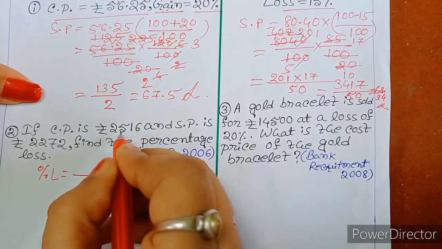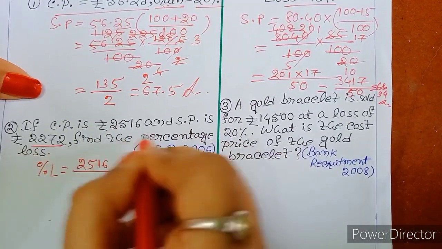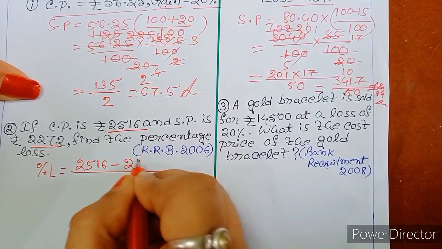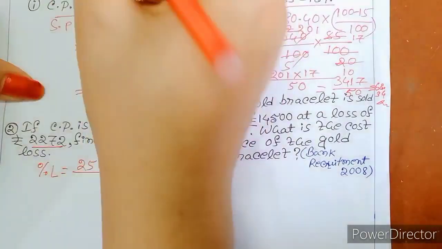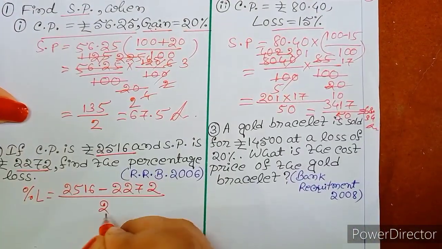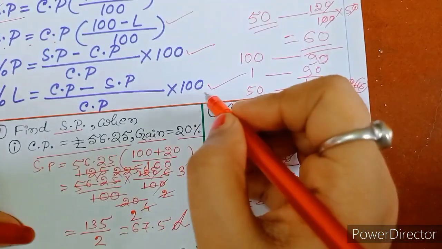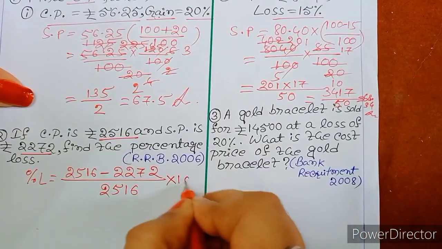Cost price 2516, selling price 2272, minus 2272 by cost price, which means 2516, into 100 because here it is loss.